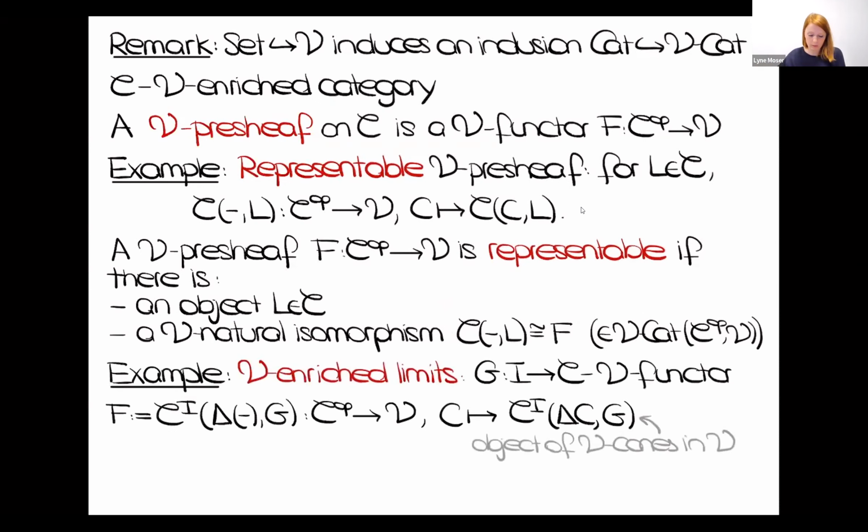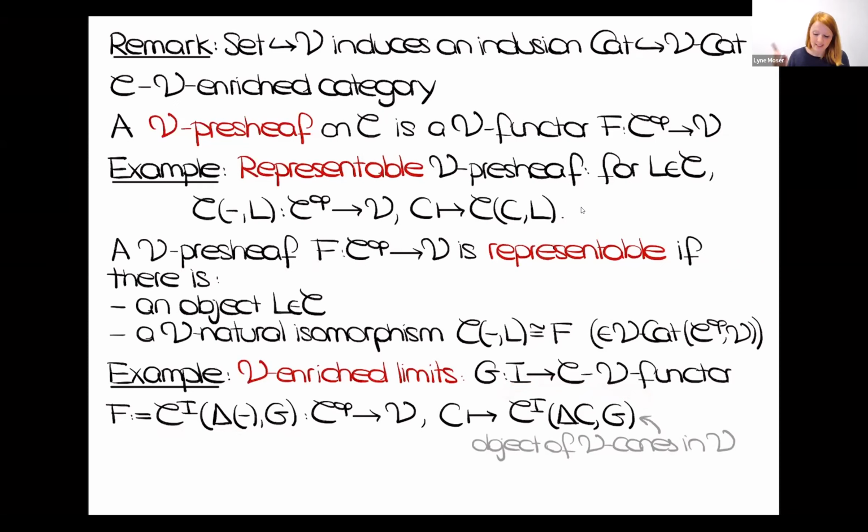Okay, so now using this, this is how V-enriched limits are defined. If I start with an enriched functor from I to C, then I can again form this presheaf, and it's indeed taking values in the right kind of enrichment, because the category of V categories is itself a V category.